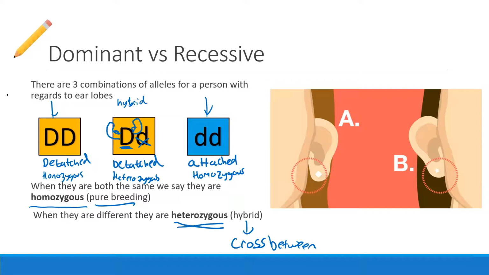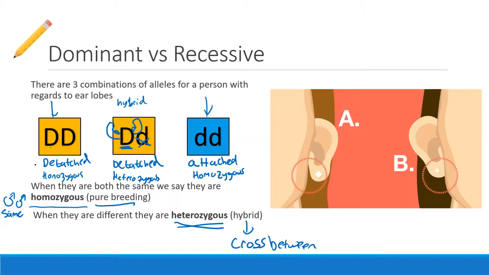Now, if you're going to get confused between homozygous and heterozygous, one of the ways you can think about it is, and I don't like this, but I know that you guys are going to remember it, so I'm going to teach it to you anyway. You think about a homosexual is when a man falls in love with another man. They are the same sex. That's what the word homo means. The word homo means same.